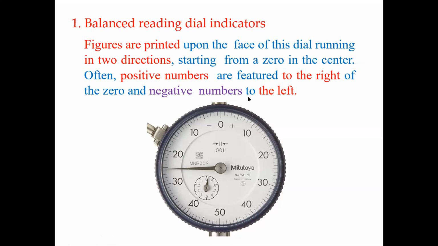This is called a balanced reading dial indicator. In balanced reading dial indicators, figures are marked to the right and left, maintaining the balance. Positive readings are represented on the right side, and negative figures are marked on the left side. This is the balanced reading dial indicator.